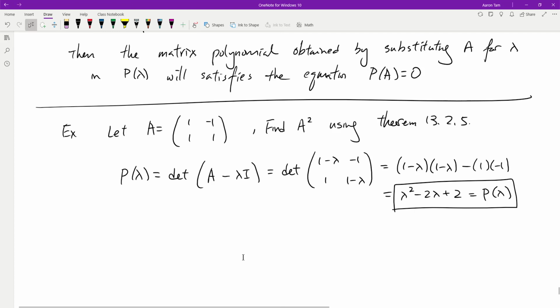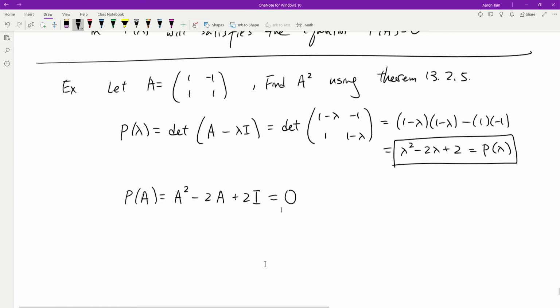Now look what happened. If I now plug in the matrix A, that would equal A squared minus 2A plus 2, which in this case I'm going to say plus 2I. And we know that based on theorem 13.2.3, it will satisfy the equation equal to the 0 matrix.